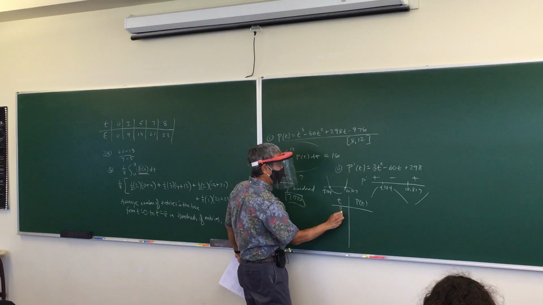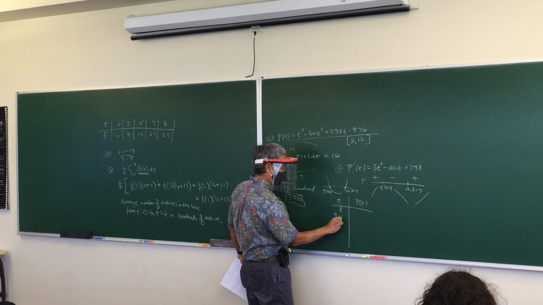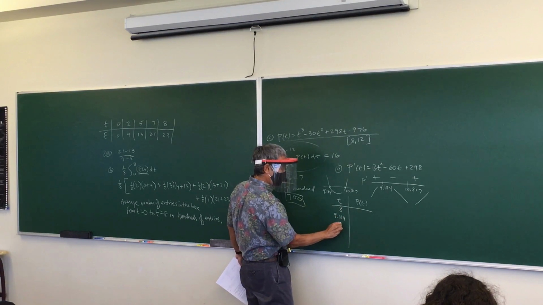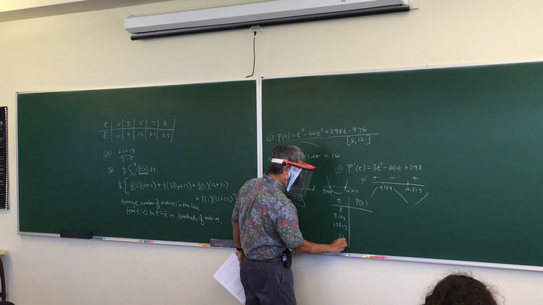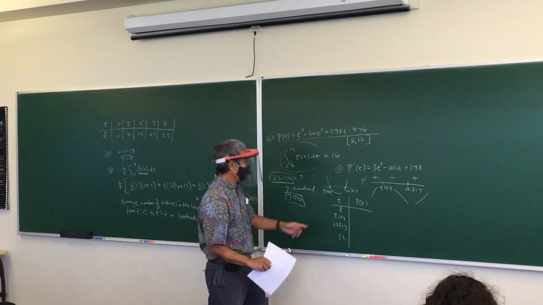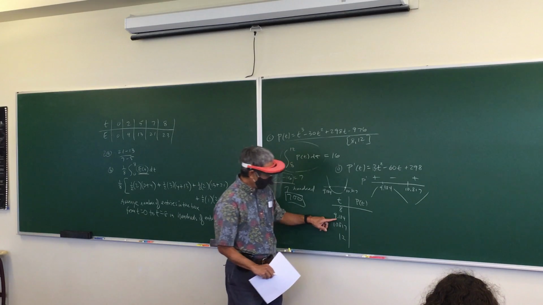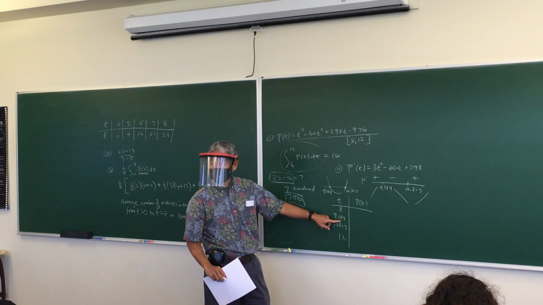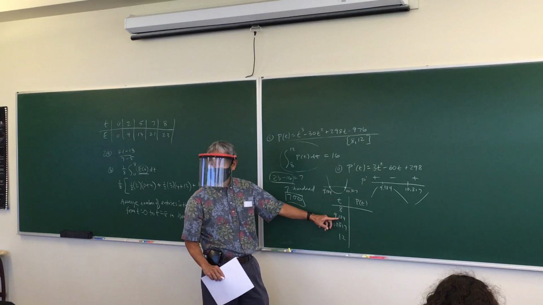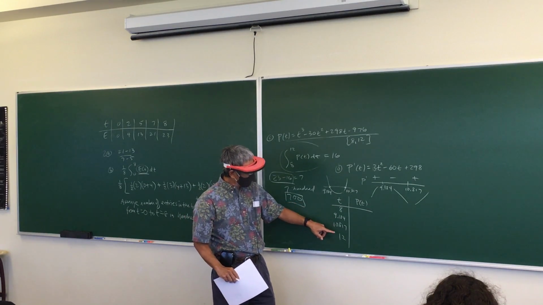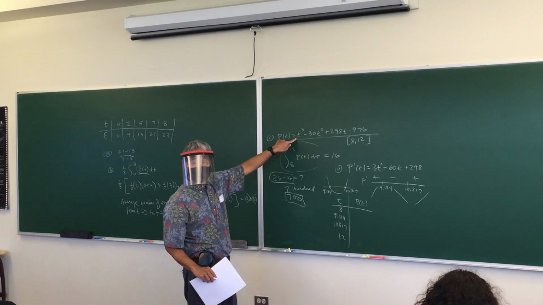So you need to have 8, 9.184, 10.817, and 12. Then you take each of these numbers. Now remember, when you plug it in, you got to use all the decimal places. Now, do not just use these 3. You take all of these numbers and plug it into here.